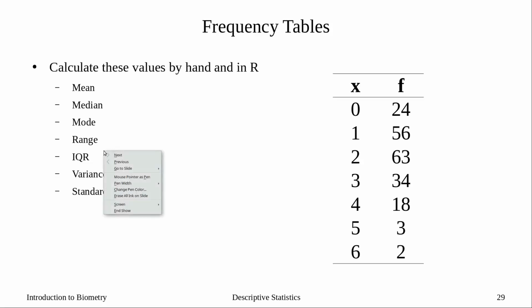I can show you how to do that, but I'm not going to ask you these questions for a frequency table on the exam or on quizzes, so I'm not going to ask you how to do it here. So take this frequency table, calculate the mean, mode, variance, and standard deviation. First do it by hand, and then confirm your work in R.